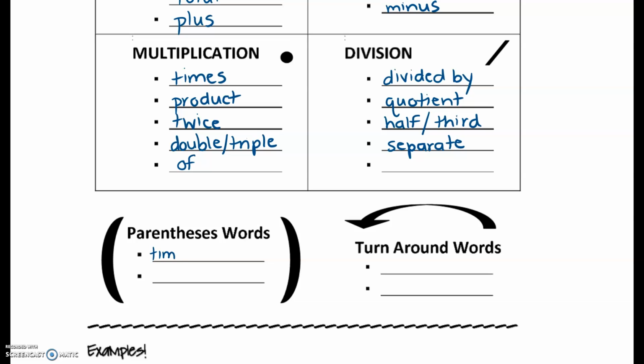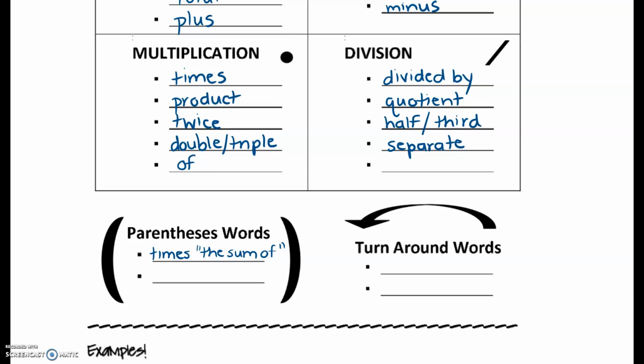If we see the phrase times the sum of, this indicates to us that there is going to be parentheses after a number, where we put a number on the outside and we put an expression on the inside with an addition sign because of the word sum.